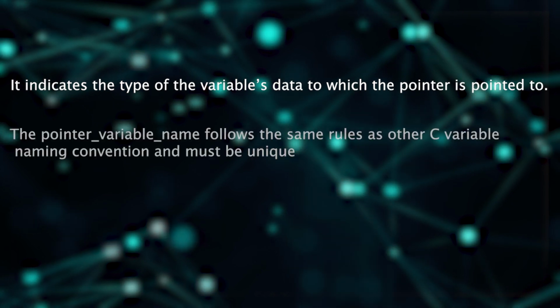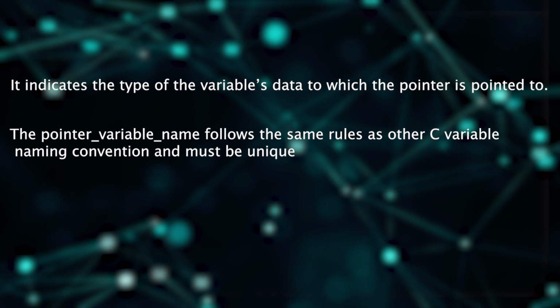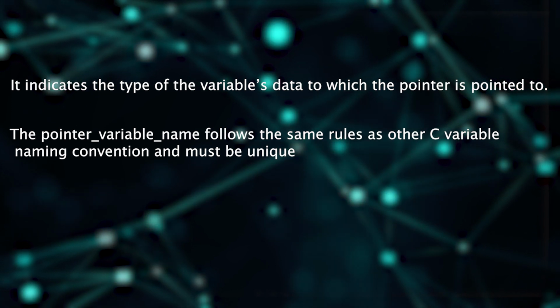The pointer variable name follows the same rules as C variable naming conventions and must be unique. Pointers are a powerful tool, but they require careful handling to avoid memory related bugs like segmentation faults and undefined behavior. Understanding pointers is essential for advanced C programming and memory management.